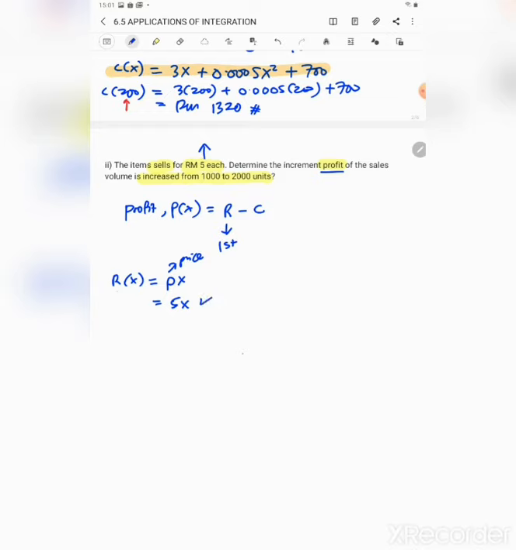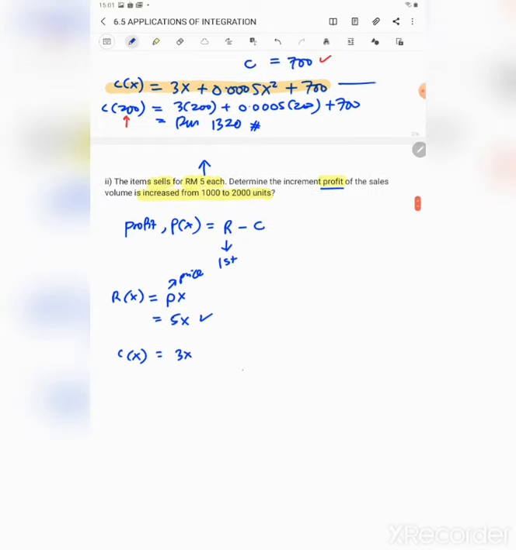For C(x), we already got just now the function for cost in answer A: 3x plus 0.005x square plus 700.